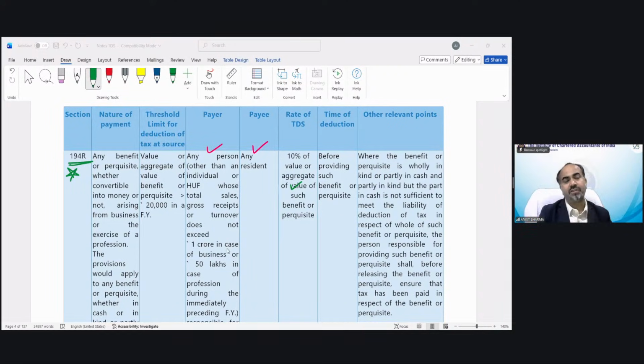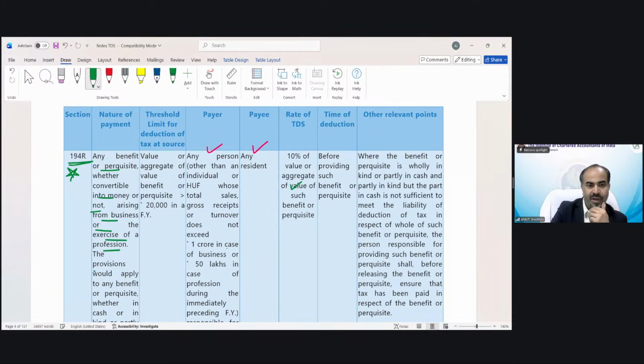So this is Section 194R that we were discussing, and this is for any perquisite, benefit or facility we receive as a business. In that case, Section 194R provision is applicable. Any perquisite or benefit, whether convertible into money or not, arising from business or the exercise of a profession.